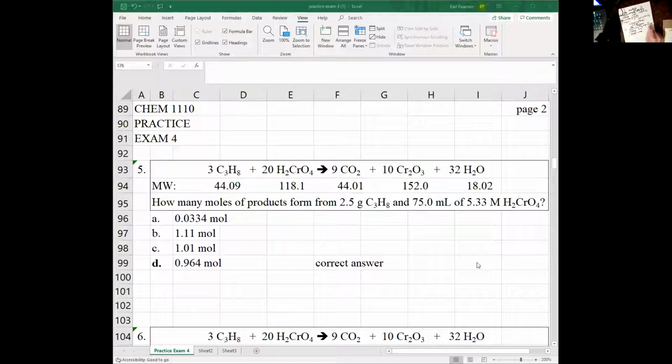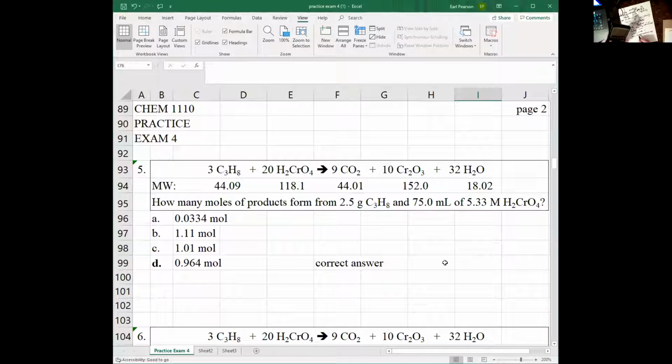So I need to multiply that by what's under my question mark. It was how many moles of this. So I'm going to multiply it by, I'm going to put it in just like that, times 9 plus 10 plus 32. And I get my answer, 0.9639374008 moles of product.